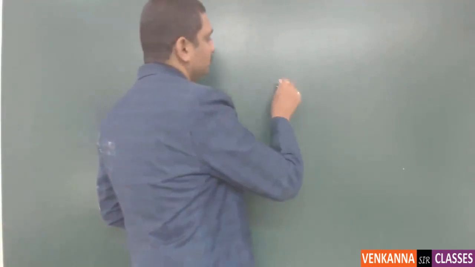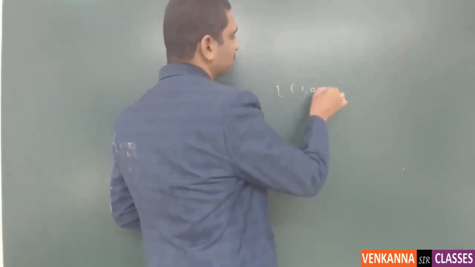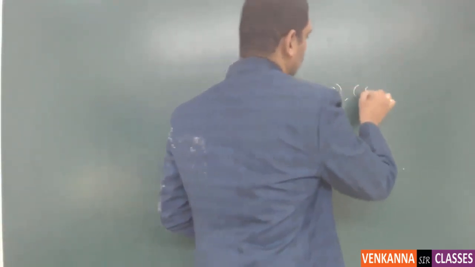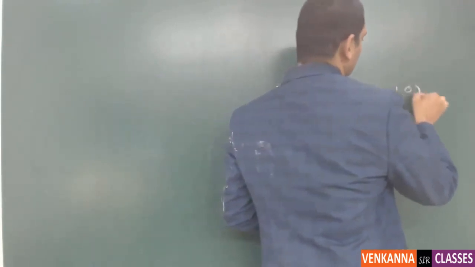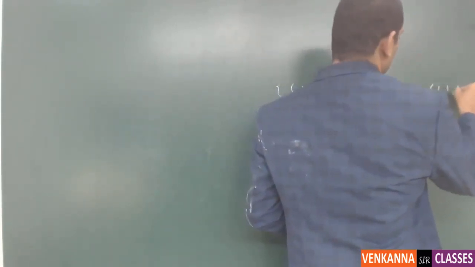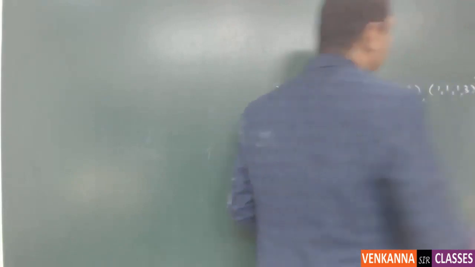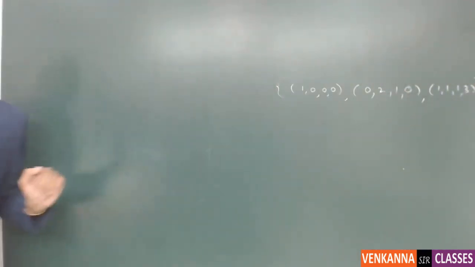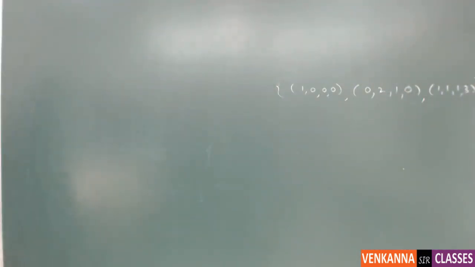If it is 0, the set is dependent. Now let us take the case that I have taken a vector, this is my vector. My question is, how can I check that the set is linearly independent?